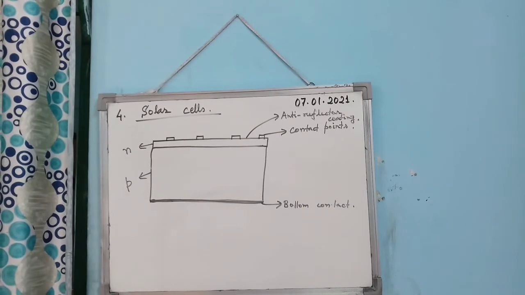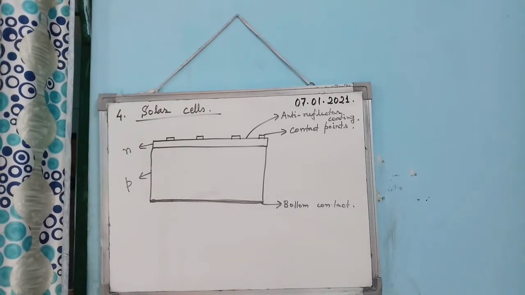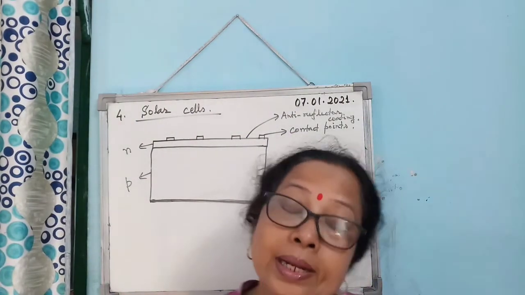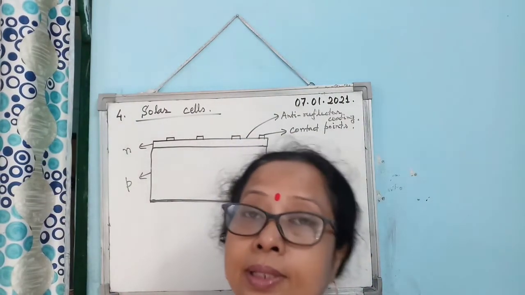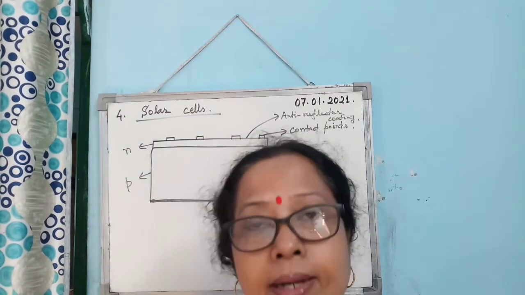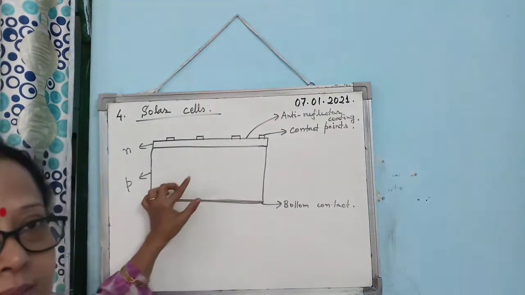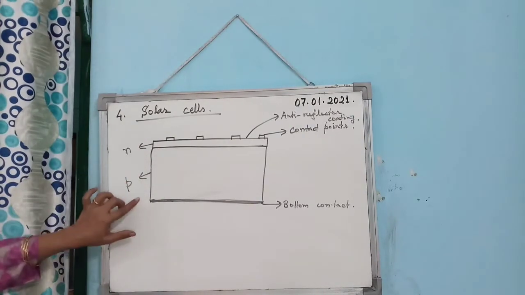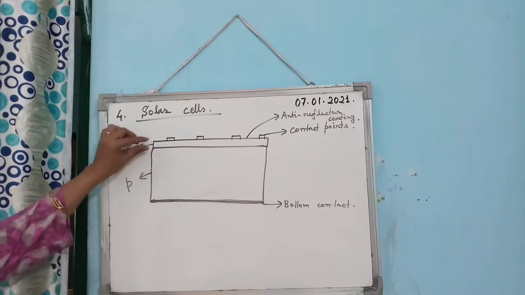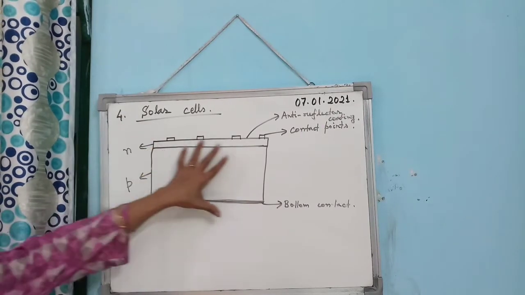The next kind of junction diode is the solar cell. A solar cell is a specially designed junction diode. Whenever I have drawn the junction diode, generally the P region and N region are taken with the same width. Only in the case of the solar cell, when we form the junction diode, look at the diagram I have drawn: the N region is made very thin, whereas the P region is broader.